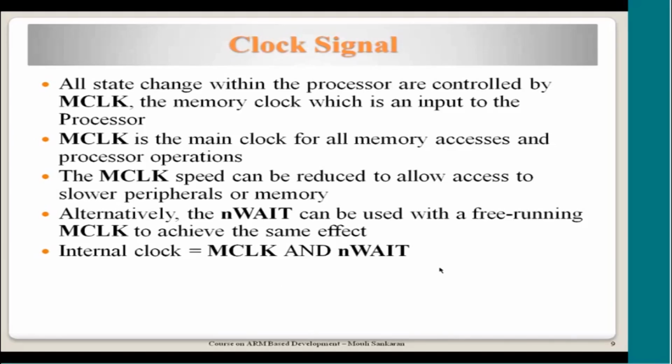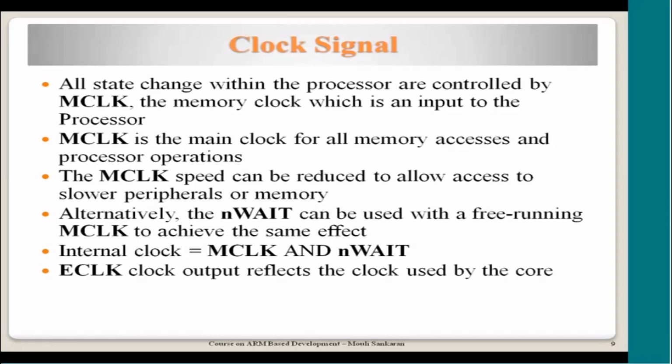Any clock will have a high pulse kind of a thing. I will show you the description of this clock. When nWAIT is added, if it is low, the clock is frozen and kept low. Only when nWAIT is high, that is 1, the MCLK is taken in as a clock and the processor runs at that speed.